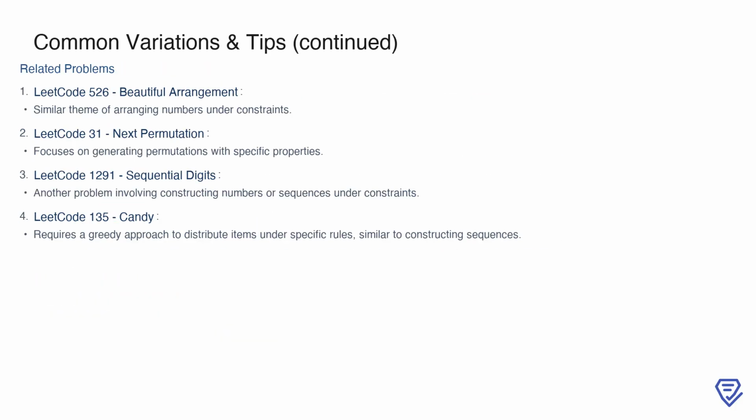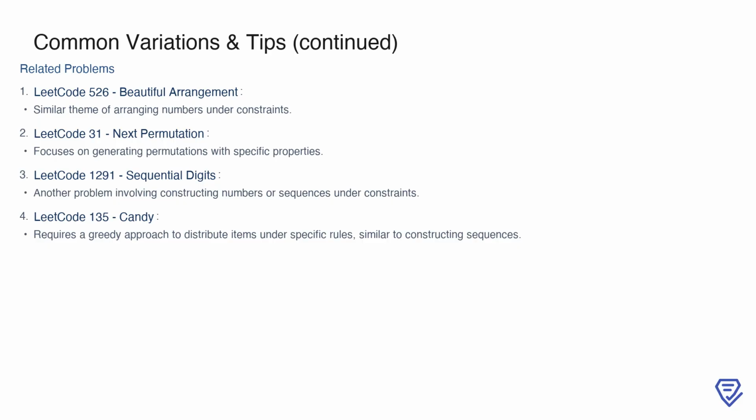This problem shares similarities with several other problems on LeetCode. For example, LeetCode 526, Beautiful Arrangement, also involves arranging numbers under specific constraints. Similarly, LeetCode 31, Next Permutation, focuses on generating permutations with particular properties, which may provide insight into problem-solving strategies.